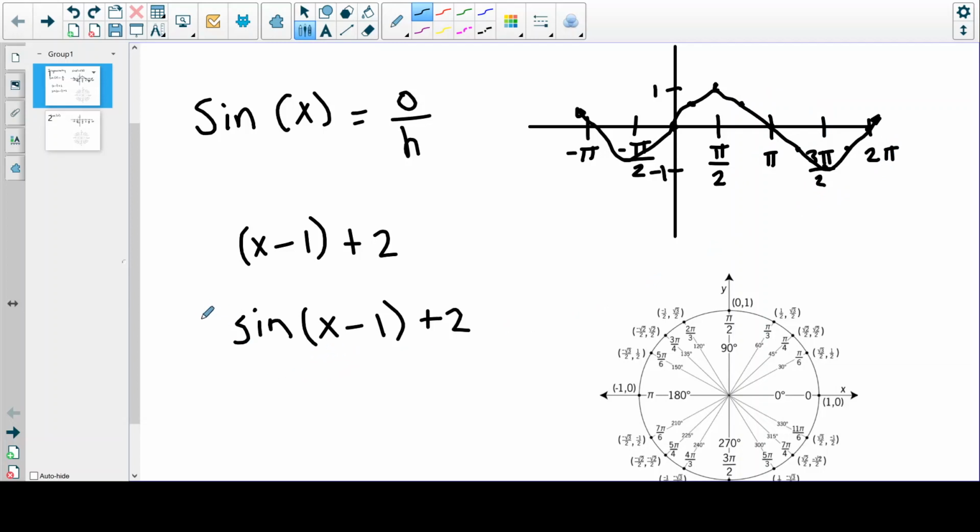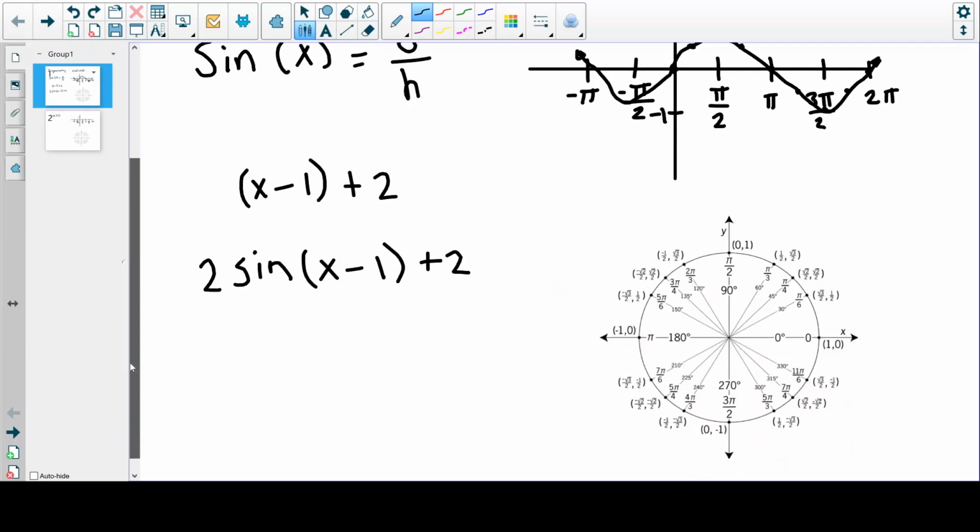And then also amplitude, which is when you add 2 or you multiply sine by 2. So we'll cover a little bit of that here, but you'll get more practice at it later.